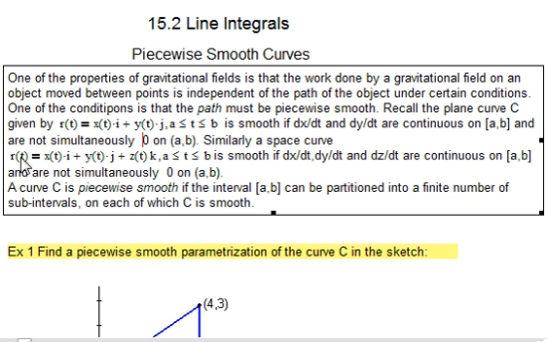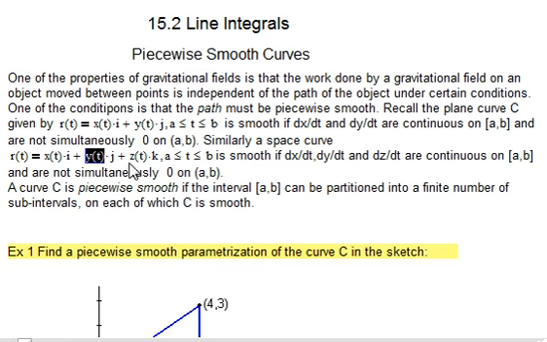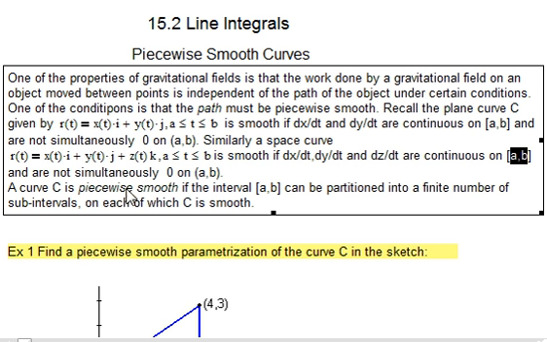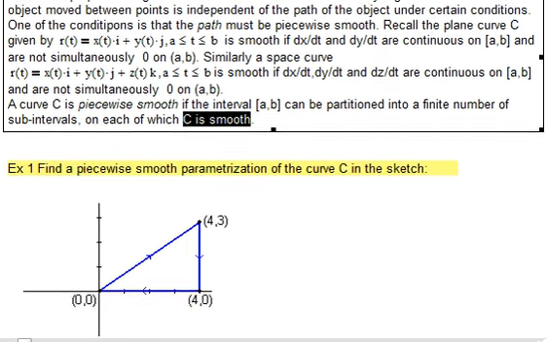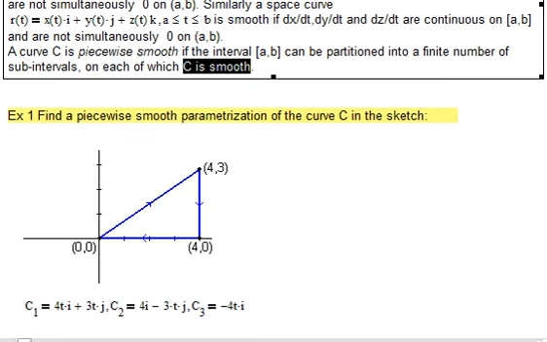Similarly with a space curve, the derivatives of the i, j, and k parts must be continuous on the closed interval and not simultaneously zero on the open interval, in which case the curve is considered piecewise smooth. And that can be partitioned into a finite number of subintervals, on each of which the curve itself is smooth.